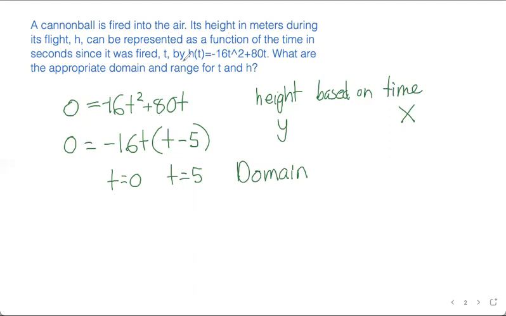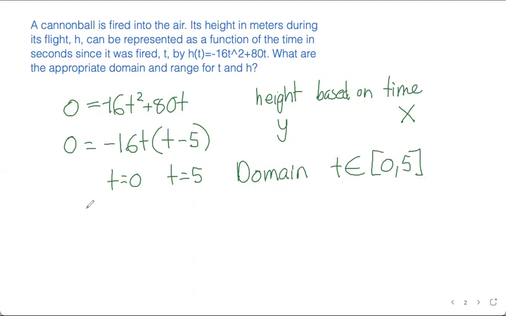This function is only valid from t equals 0 to t equals 5 while the cannonball is flying. So for this one, we would write t is an element of just this small set, starting at 0, ending at 5, nothing else. Okay, so that's how we would write the domain.